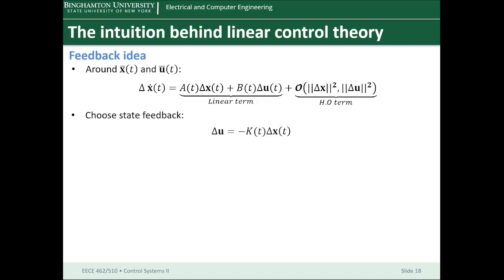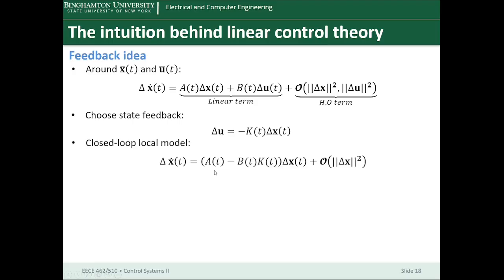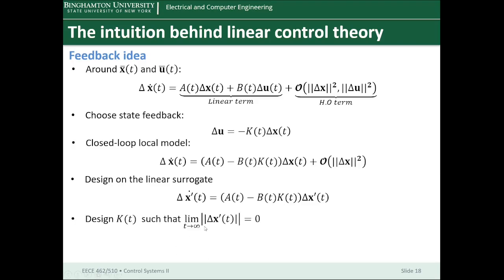Substituting this into the perturbation equation gives us a closed loop local model, which now depends entirely on delta x. If we ignore the high order term and keep only the linear term and use delta x prime for the linear term, we can design k of t so that the closed loop perturbation delta x prime of t goes to 0 as t goes to infinity.